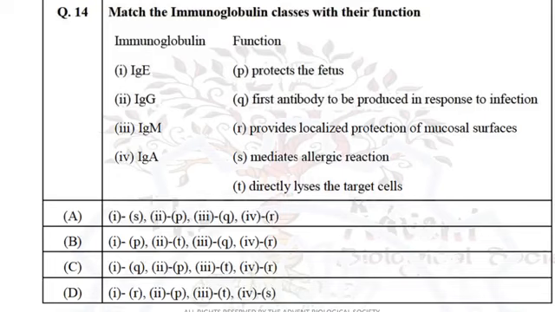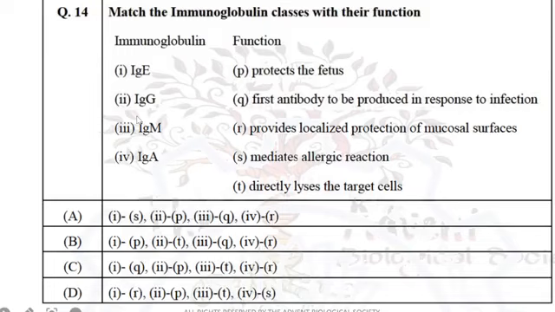So the options given are: the protection of the fetus, first antibody to be produced in response to infection, provides localized protection of mucosal surfaces, mediates allergic reaction. We have already eliminated this option with the form of IgE, directly lyses the cell. So you know that the IgG antibodies are produced generally at the beginning.